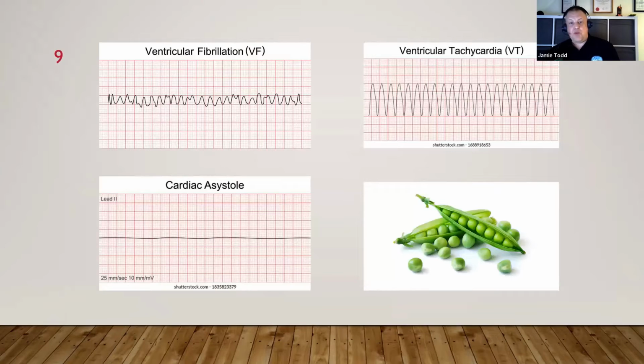So what are our problematic rhythms? And these clearly are library images, and that's going to be part of the problem. All of these book rhythms are problematic: our VF, our VT, our asystole, and, if you can see what I've done there, our PEA. The reason I put that in there instead of a rhythm is, of course, you can't have a rhythm that represents PEA, because it can be lots of different rhythms that don't have a pulse.